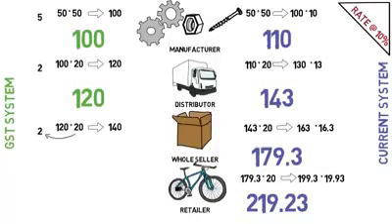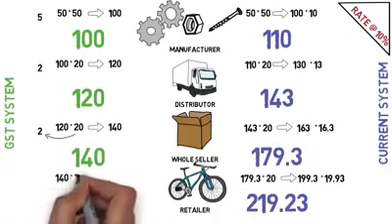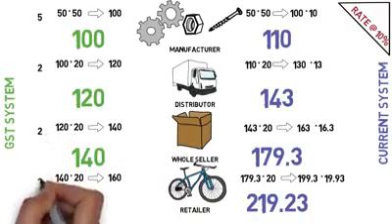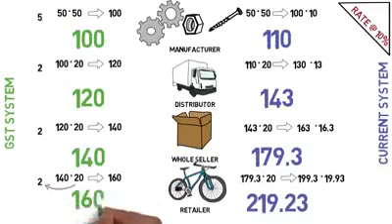The retailer buys the product for 140 rupees, adds a profit of 20 rupees, pays the tax of 2 rupees on his profit of 20 rupees, and raises the final consumer price to 160 rupees.